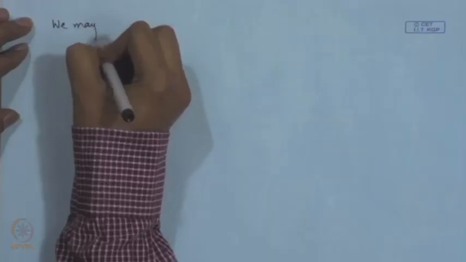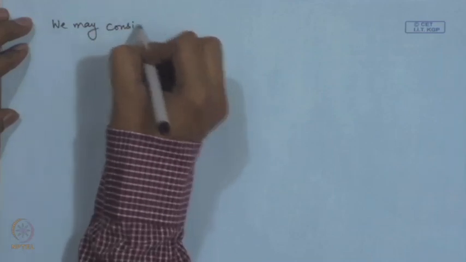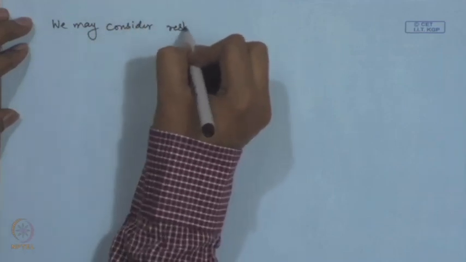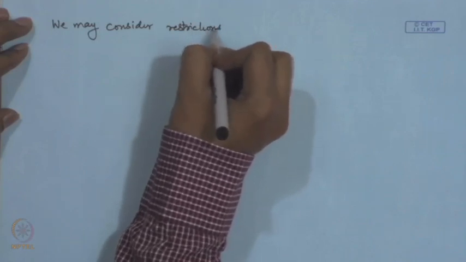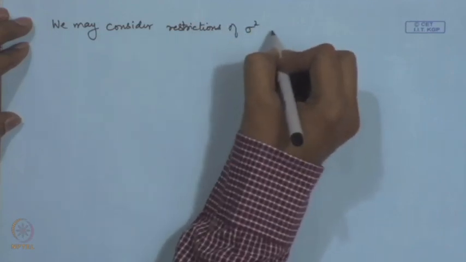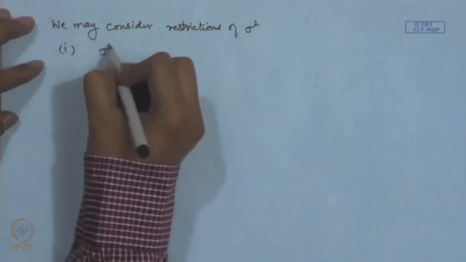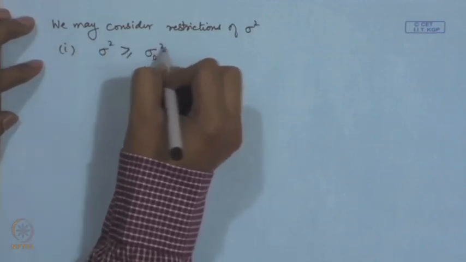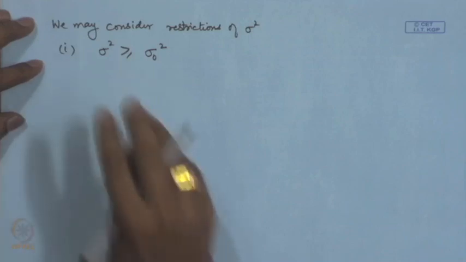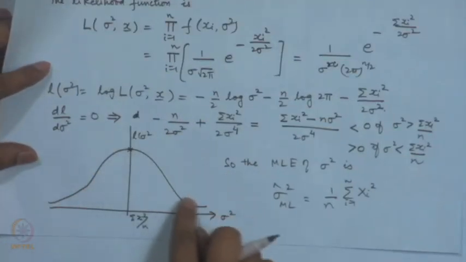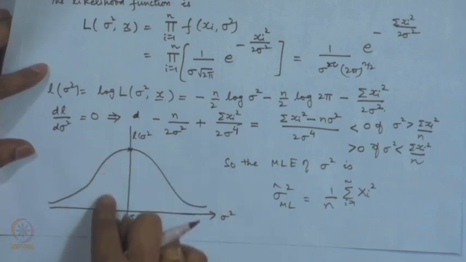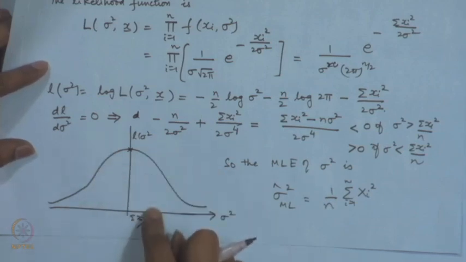For example, we may consider say restrictions on sigma square, say for example, sigma square may be greater than or equal to sigma naught square. Now, if you consider sigma square greater than or equal to sigma naught square, then in this case there will be two cases, because sigma naught square may occur here or sigma naught square may occur here. So, let us see.